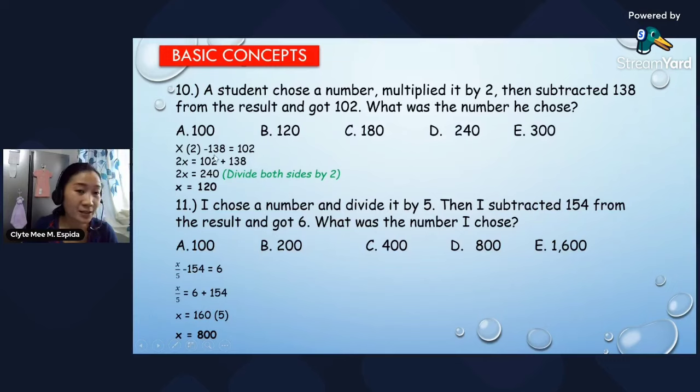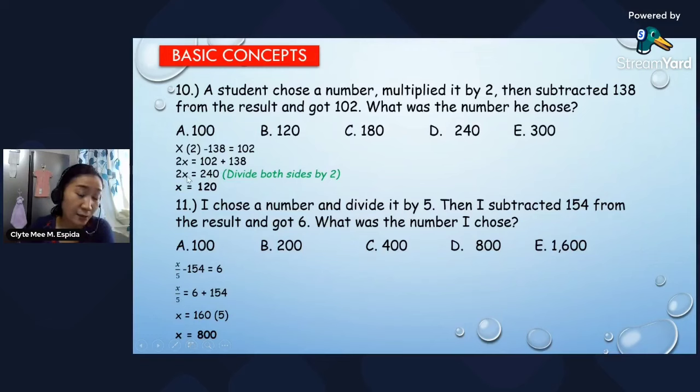Combining like terms, so ilipat natin si 138 sa kabila. That is addition property of equality. So, yung minus, pag nilipat natin sa kabila, magiging plus. So, that becomes 102 plus 138. Then you will have 2x is equal to, we added this, so you have 240.